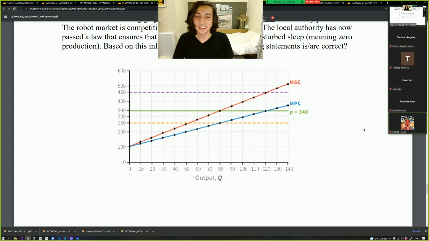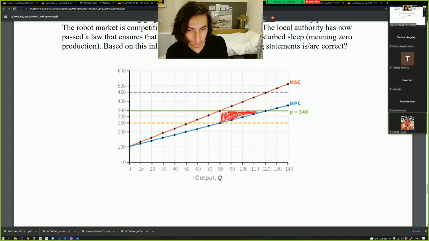Okay, so minimum acceptable payment is essentially constituted by this area. Now, the logic behind this is that this is the profit lost by not producing at the maximally profitable outcome. So the company that's producing whatever, hats, robots, shoes, can't remember, would do better off profit-wise if it was here.